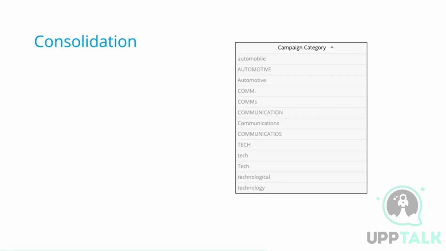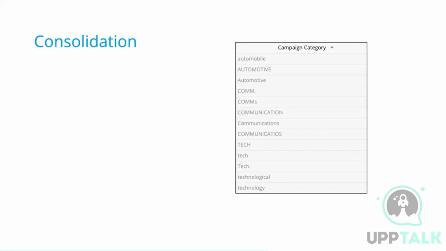So if five account managers have worked on five different sets of campaigns for the brand, you will see five different naming conventions, if not done correctly, for the same thing.